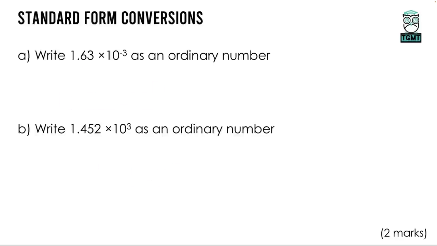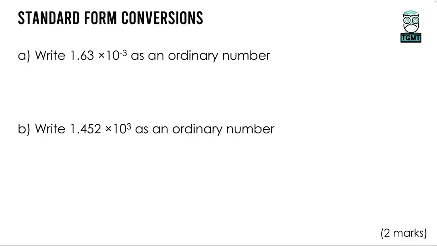When we are asked to convert back the other way, it will say to write a piece of standard form as an ordinary number. Don't be put off by that word, ordinary number, it just means a normal whole number. Or potentially a 0 point number in the case of this one where we are looking at a small number.